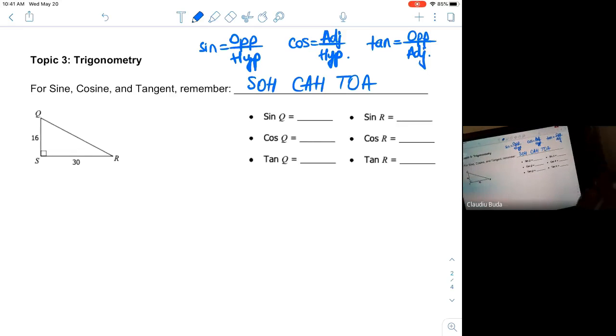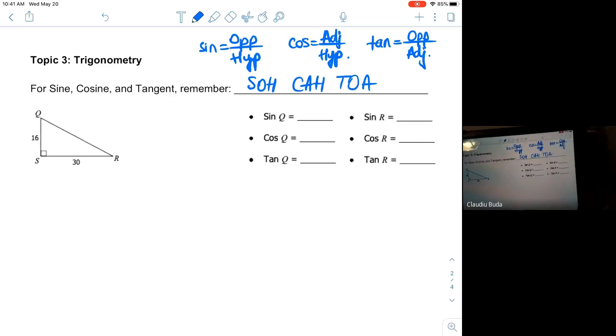So those are the trigonometric functions that we're going to use in a right triangle.